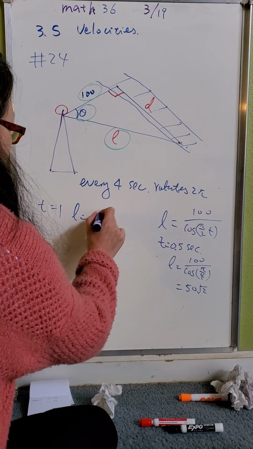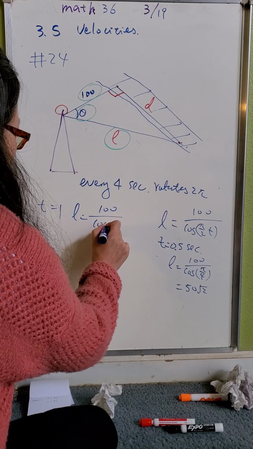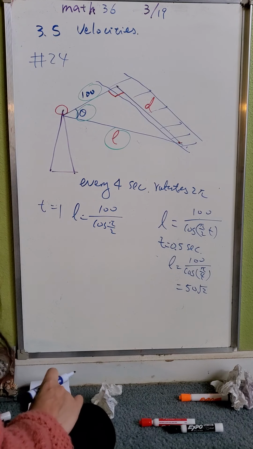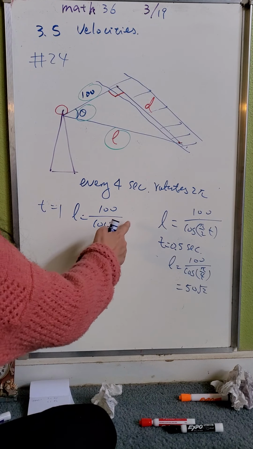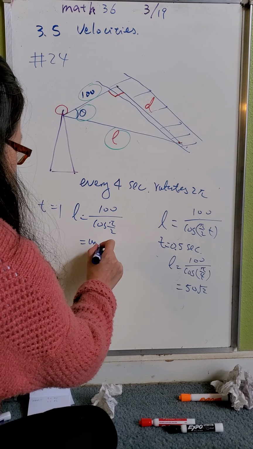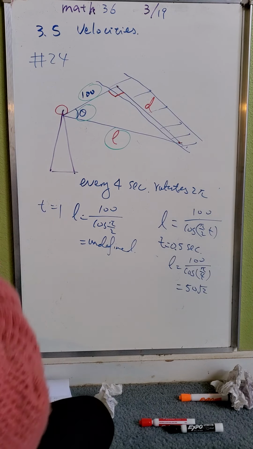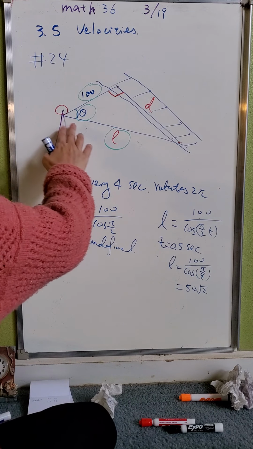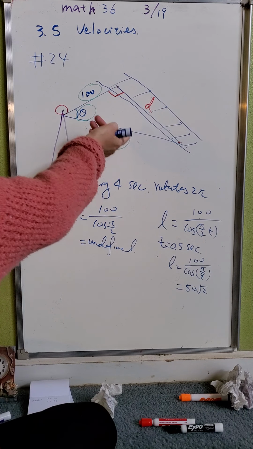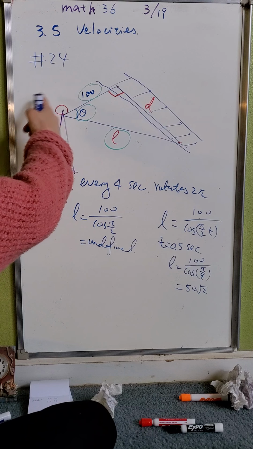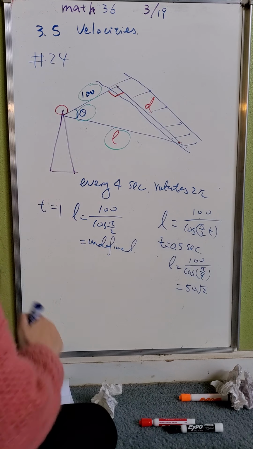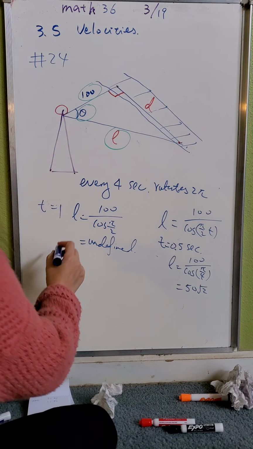So L is equal to 100 over cosine pi over 2. Well, cosine pi over 2 equals 0, so that's undefined. It means the lighthouse, the light is not on this side. It shines the other way, so that's why you don't have the L.